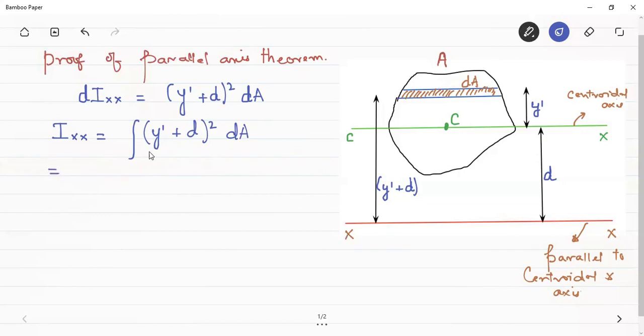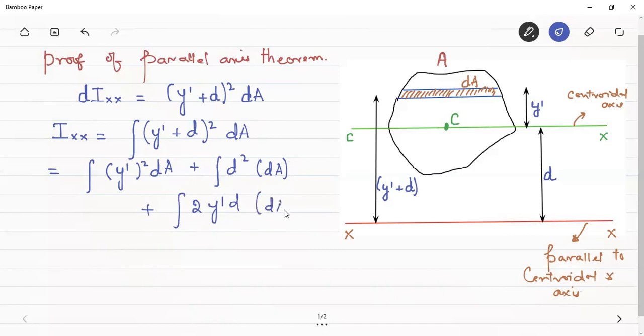Now let's evaluate this expression. That will be equal to the integral of y dash square dA plus the integral of d square dA plus the integral of 2 y dash d dA.